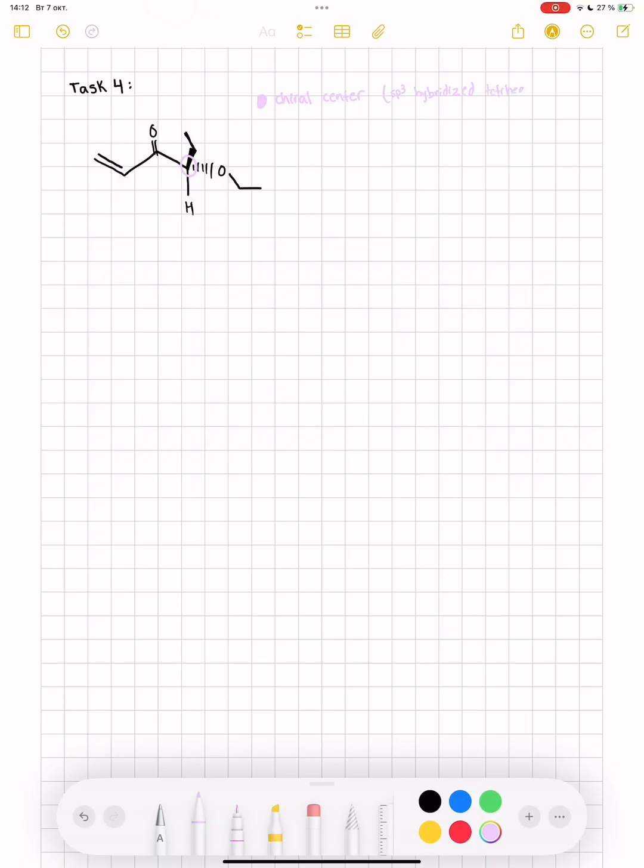So say I had 2 hydrogens here, that would not be a chiral center. So 4 different things are bonded to that carbon in our chiral center. Here I am just writing a few notes to remember that. And that was step 1, determining our chiral center.